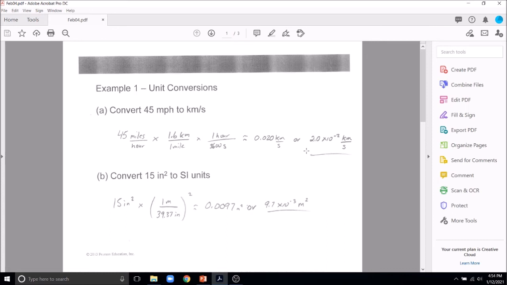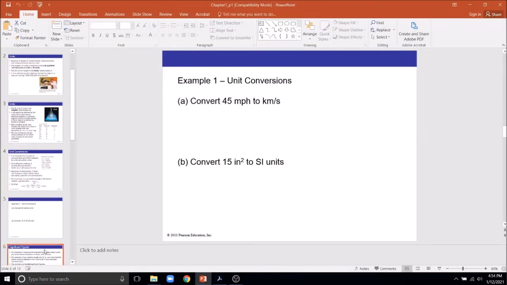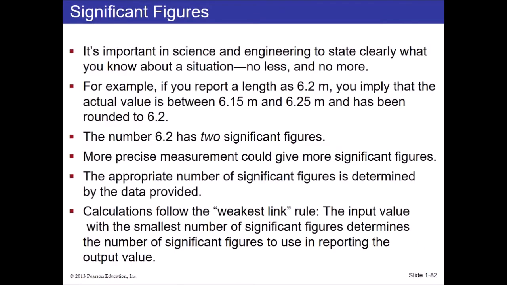Now, as I hinted at here, we do have to be concerned with significant figures when we do these numbers. So just to be clear about that, every time you have a number with a unit, that number represents something. Say it was a measurement, something 6.2 meters.